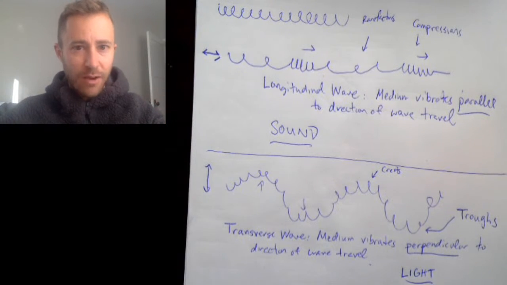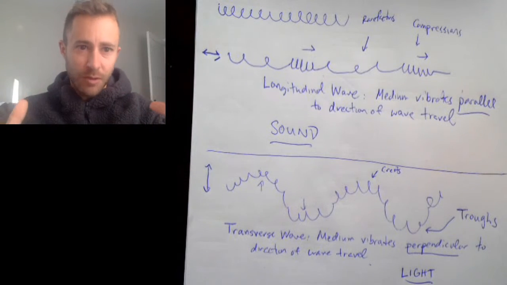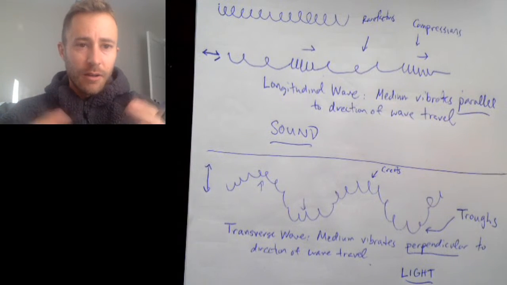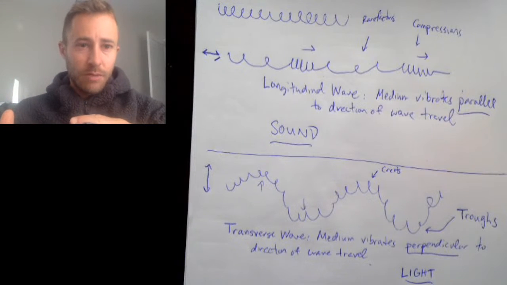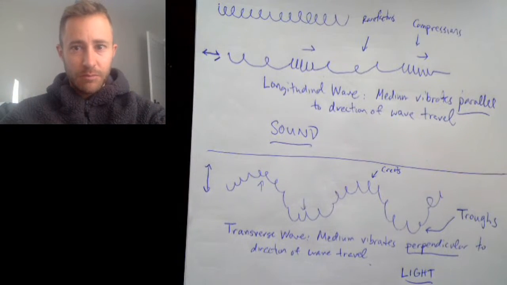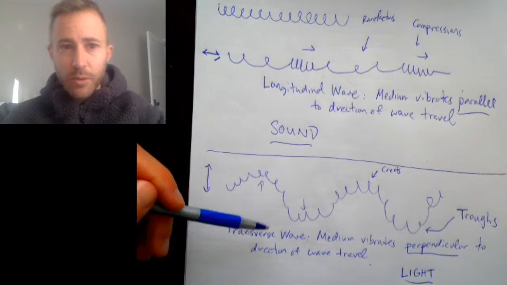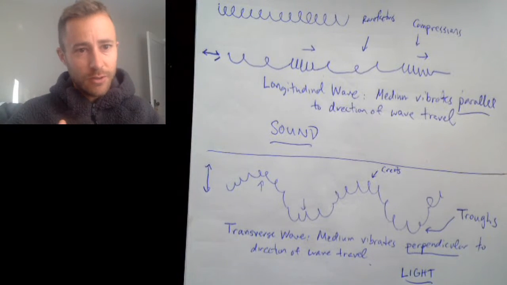So you can only have sound that is a longitudinal wave. You can't have transverse sound. It's always going to be longitudinal. Similarly, light waves are always transverse waves. But a slinky can have both. The Earth's crust can have both transverse and longitudinal waves. So it depends on the medium.